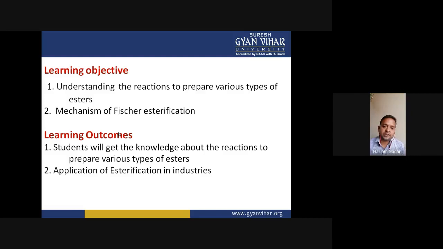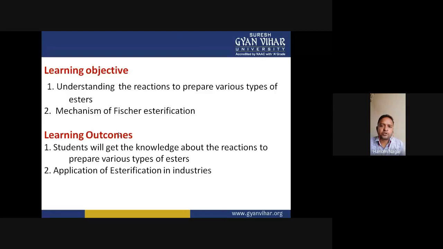And if they get a chance to work in industries, they can easily prepare esters, because we have to learn the conditions of the formation of esters. What conditions are applicable for this reaction? Which alcohol is used? Which carboxylic acid is used to prepare ester? This can be understood by this lecture, right?